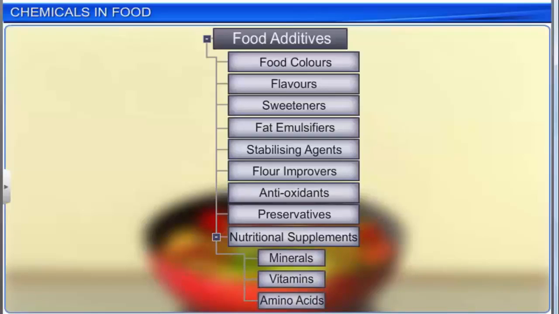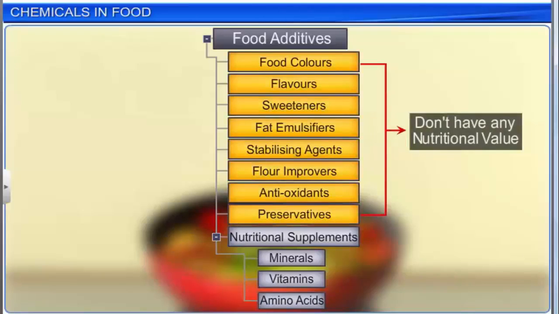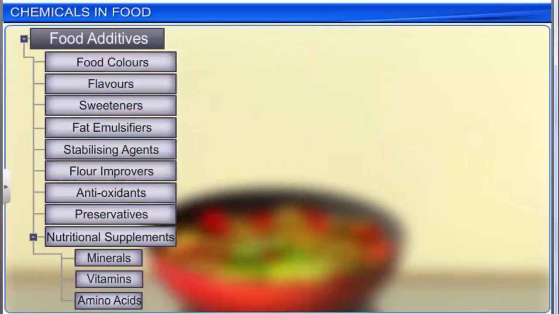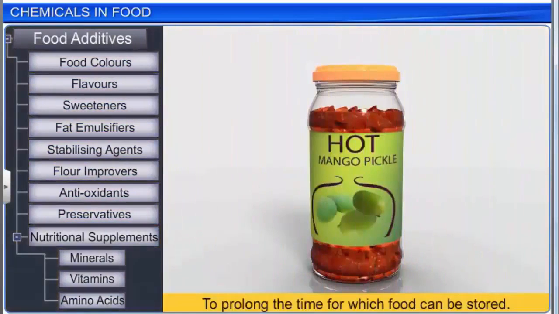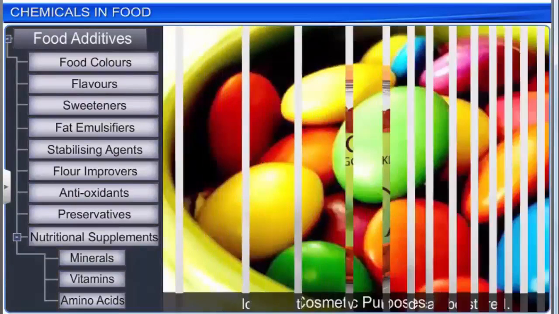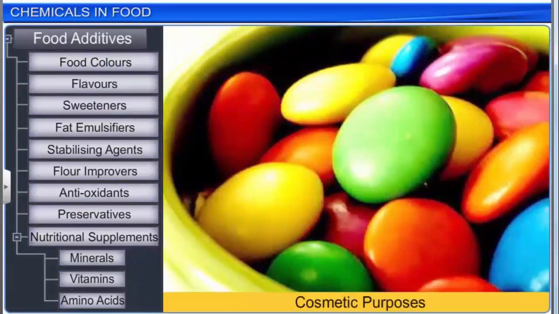Note that, except for nutritional supplements, none of the additives mentioned have any nutritional value. They are added either to prolong the time for which food can be stored or just for cosmetic purposes.